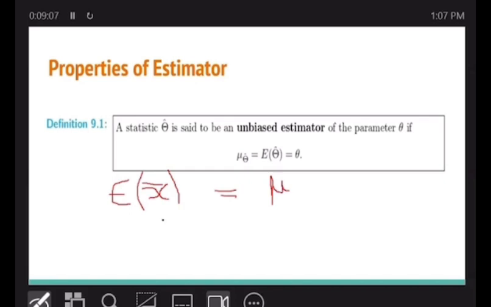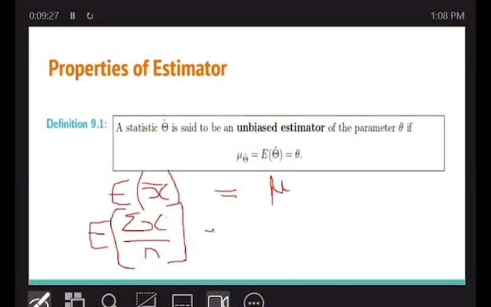What is X bar? X bar is the summation of X over N, right? When I take the expectation of that, expectation will chase summation away.